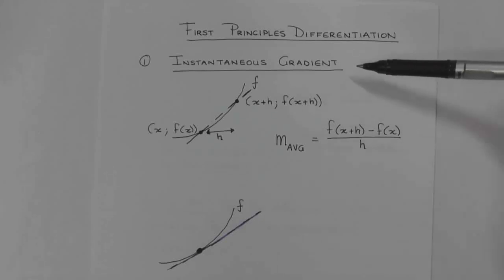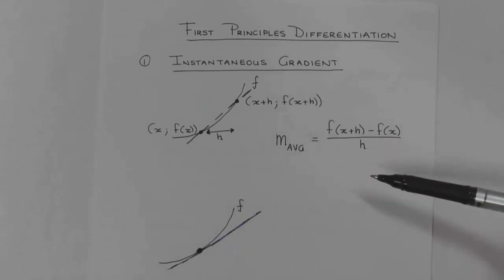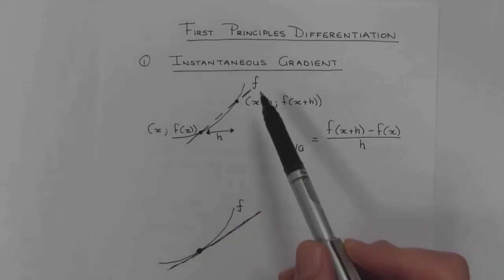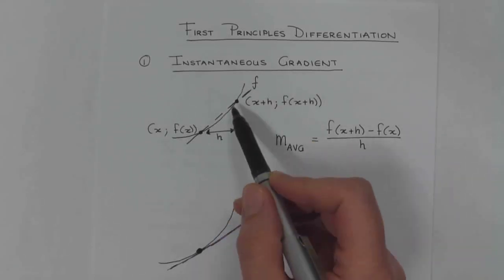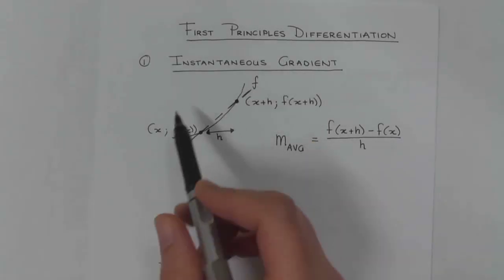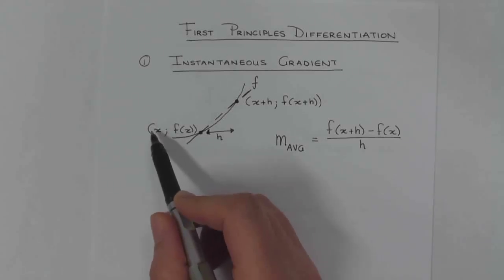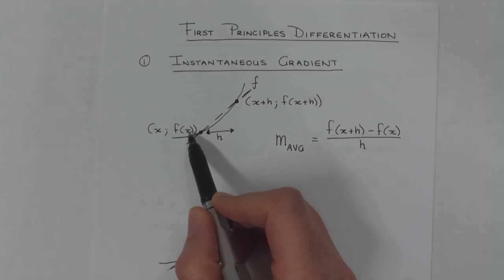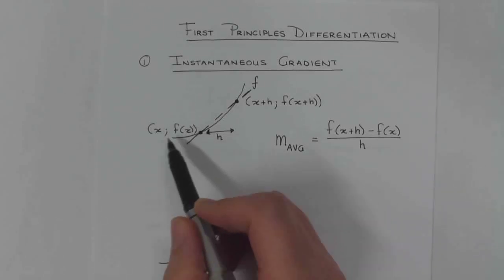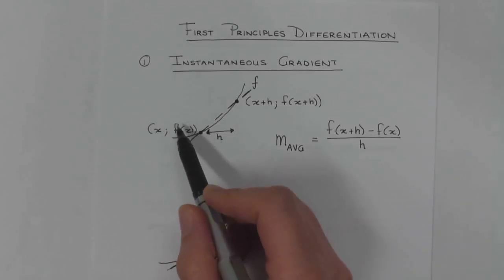So in the previous video, we spoke about average gradient, and we actually deduced this formula for average gradient, where we said, if I have a function f, which gives me a curve, and I select 2 points on that particular curve, and I say the first point has the point x right there, so the y-coordinate is then f of x. So we don't use that notation of y, we use the notation of f of x.